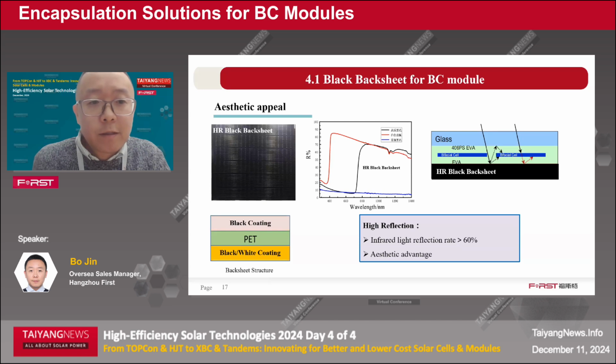Since it's black, it also visually brings a very good look for the BC module. The structure of this backsheet is black coating on the cell side, PET in the middle, and white or black coating on the air side.